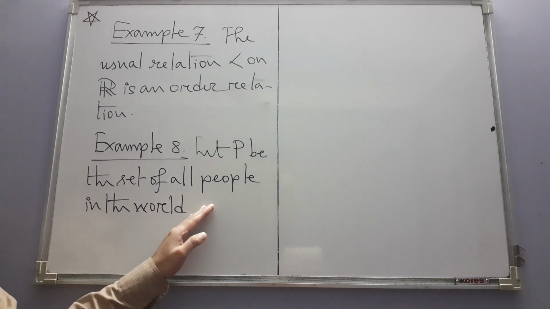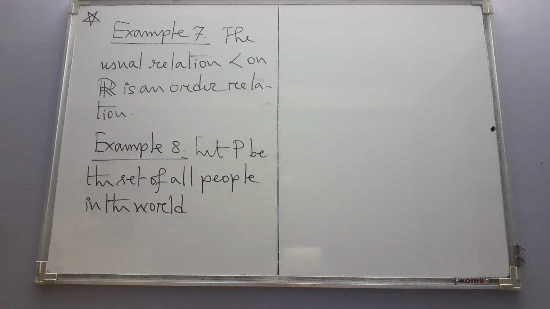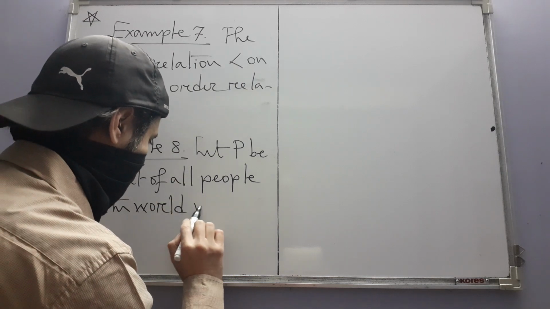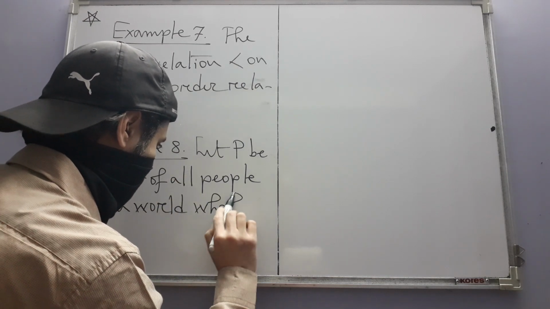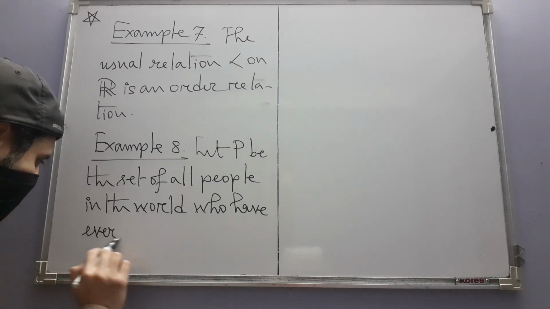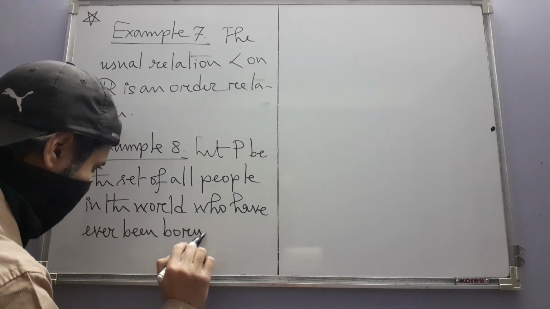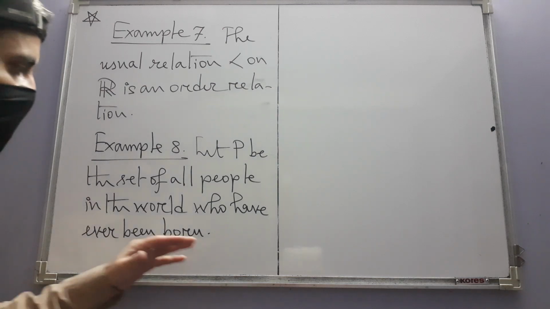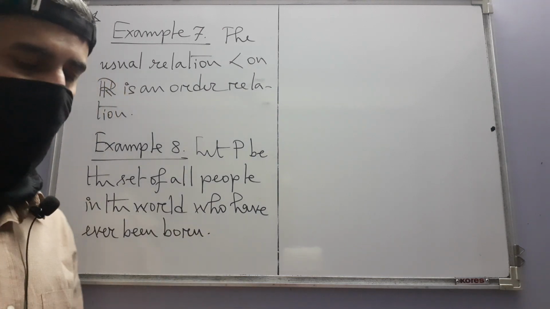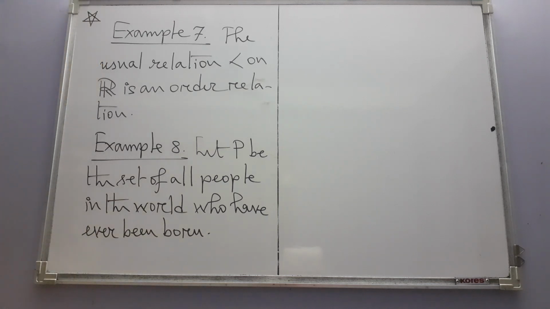This is where the sentence stops in the book, but let's be more clear. Who have ever been born. That means the people who are alive today, like you and me, and also those people who passed away. All of them combined, that's the set P.